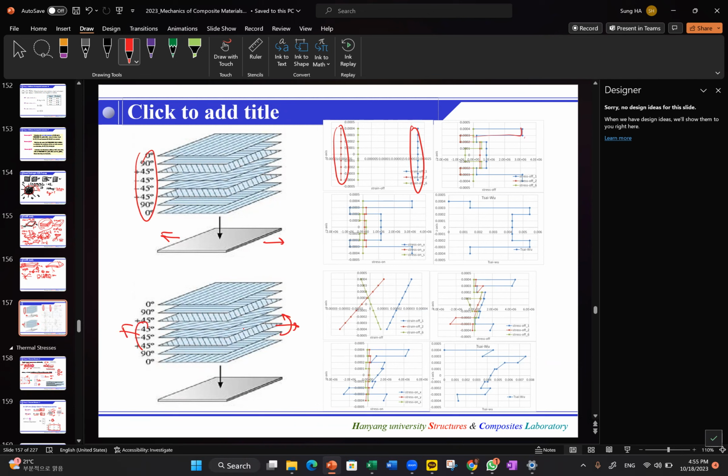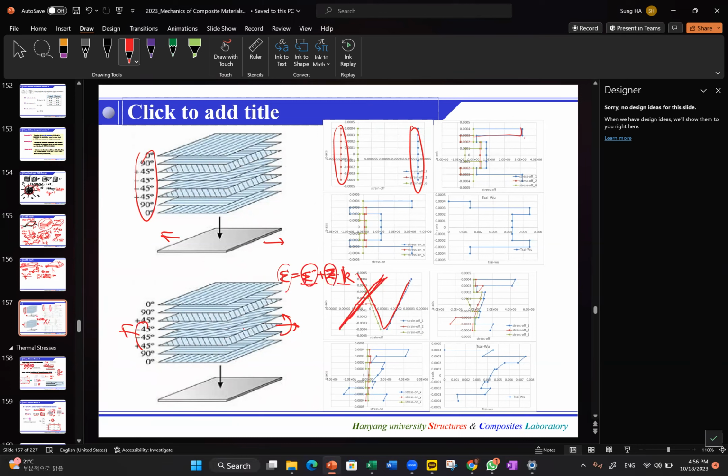But no matter how many sequences and angles, or how much load we apply, observe that the strain is always very much linear like that. Why? Because we always start with a theory like this. All three strain components are constant plus z times curvature, so that's why we always have linear through the thickness.